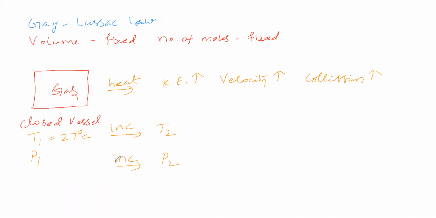So the temperature increases and the pressure increases. What is the relation between pressure and temperature? P is directly proportional to T, because pressure rising, temperature also rising. So P by T is equal to a constant.